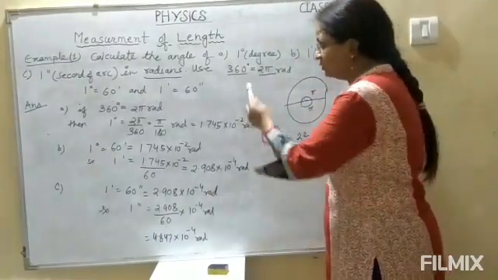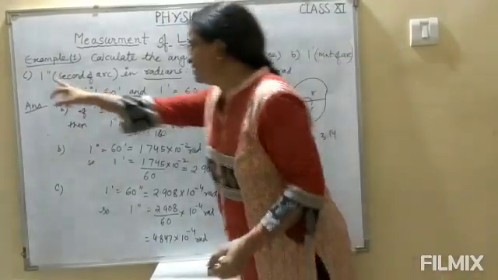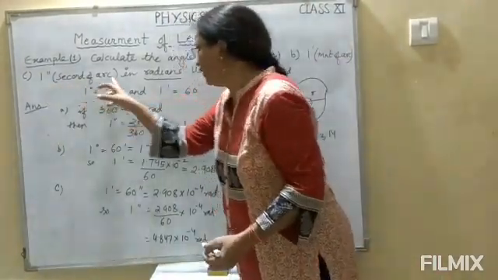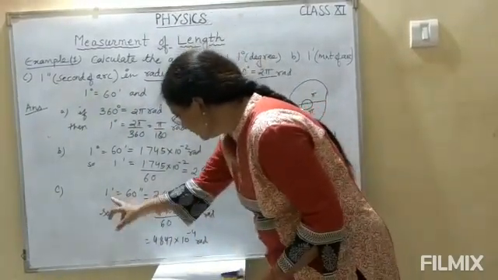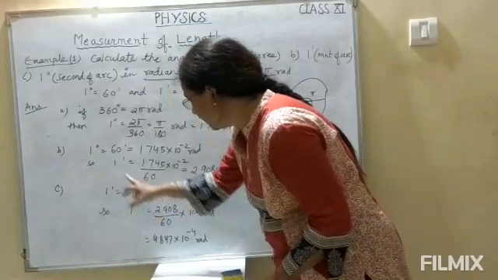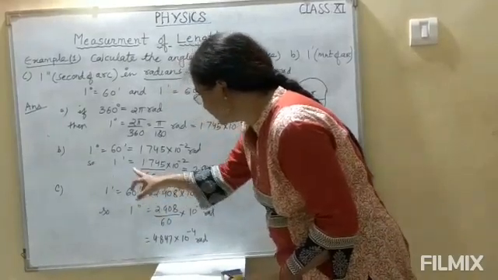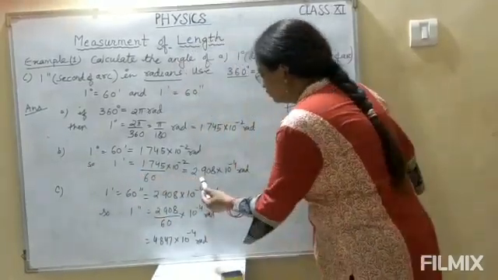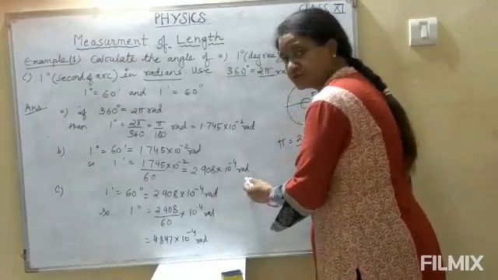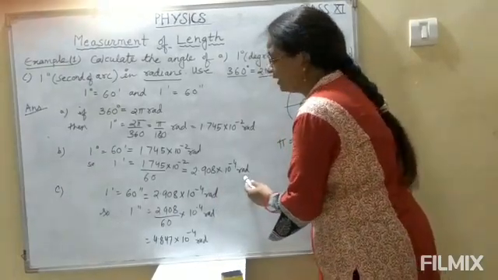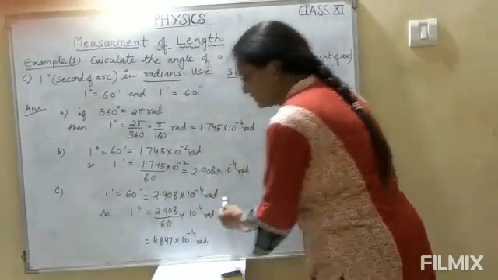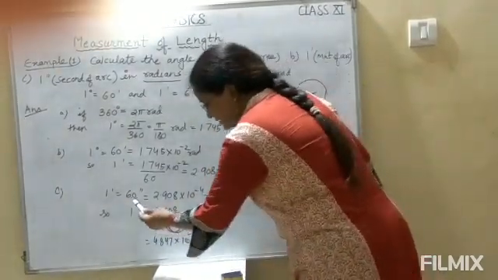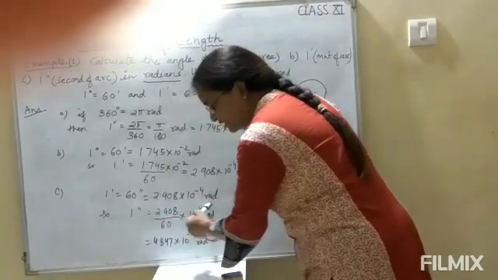Now come to the third part, that is 1 second of arc into radian. See here, 1 minute is equal to 60 seconds, and 1 minute we have just converted, that is equal to 2.908 into 10 raised to power minus 4 radian. So 1 minute is equal to this much radian, and 60 seconds will be equal to this much.